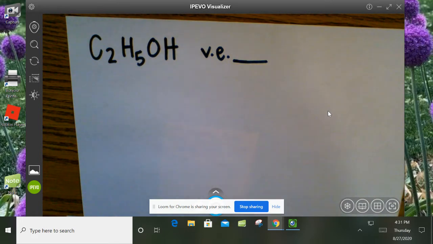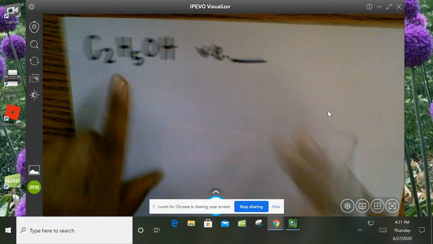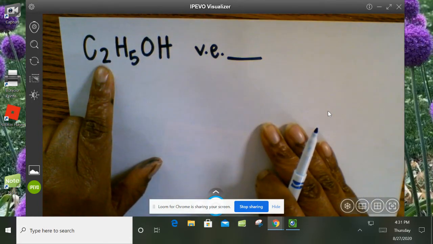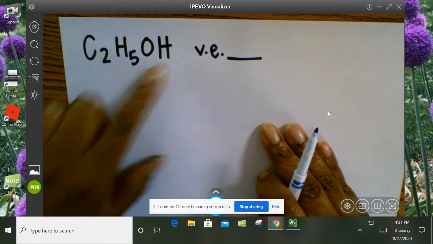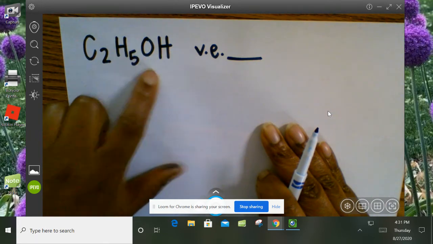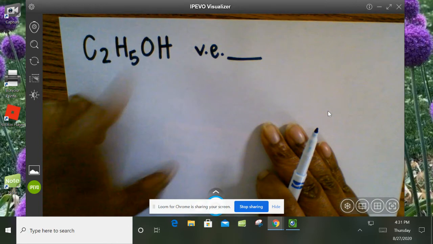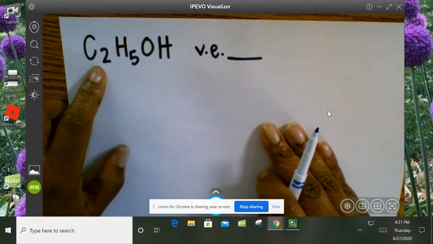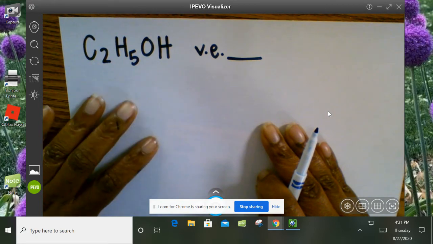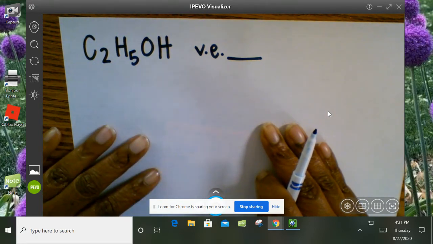You're going to figure out how many valence electrons you're working with. Carbon has four each. Oxygen has six, and the hydrogens have one, and you've got six hydrogens because you've got five here and one right here, so that's six total. So 6 and 6 is 12 plus 8, which is 16? If I did my math correctly.